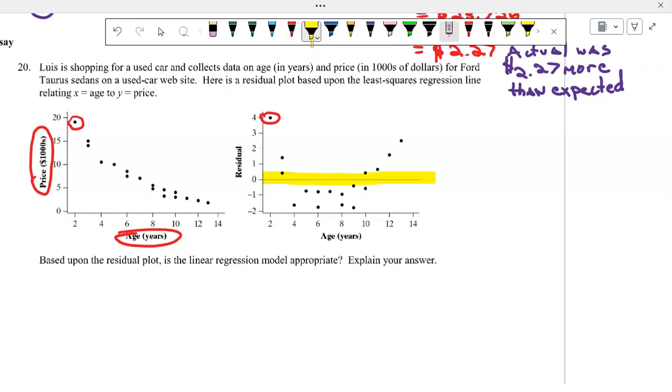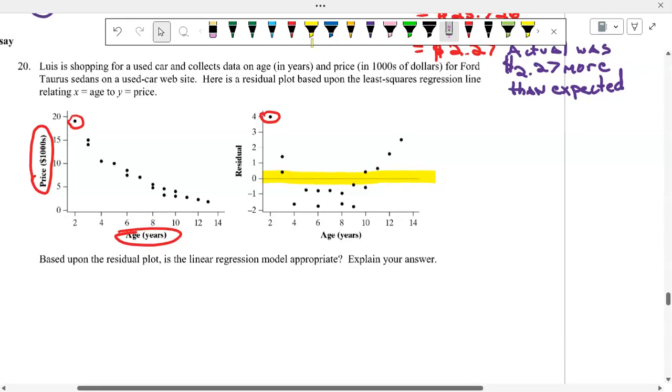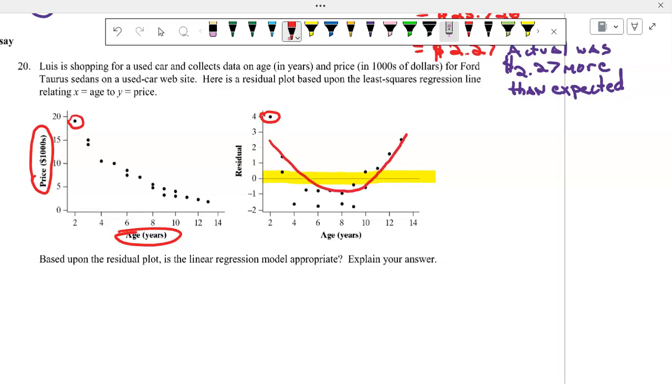So this would mean that the actual price was $4,000 greater than the predicted price if we used a line to do that. So we determine whether or not a line is appropriate by looking: does the residual plot look random, or does it look like there's a pattern there? I think there's a pattern, so I'm going to say there is a leftover pattern.